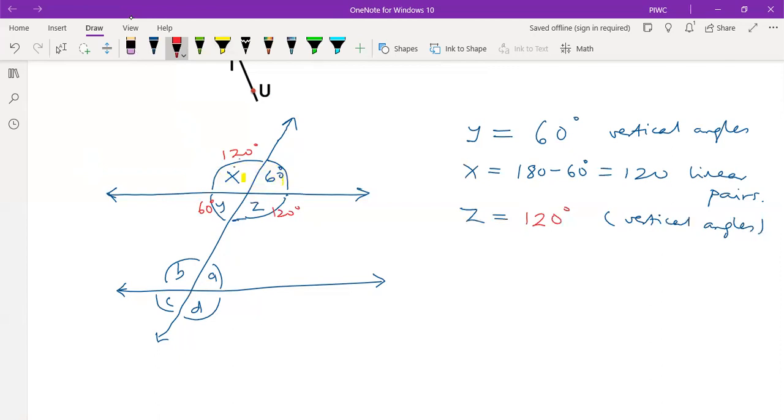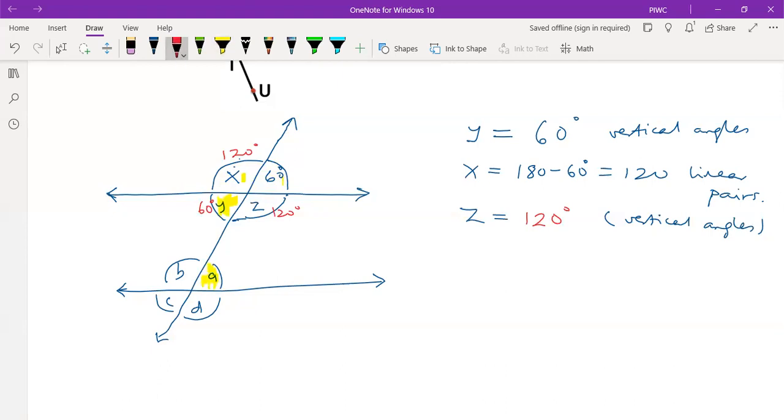Now let's go to A. What will be the angle A? If you look at angle A, angle Y, and angle A, they are related by interior alternate angles, right? That's the relationship. So interior alternate angles, they are congruent, they're the same.